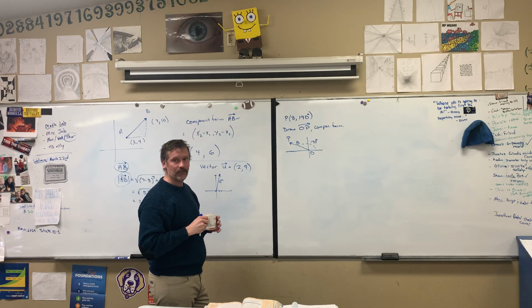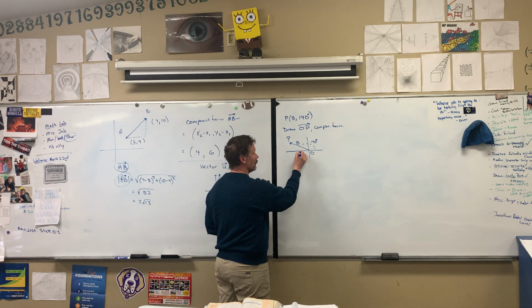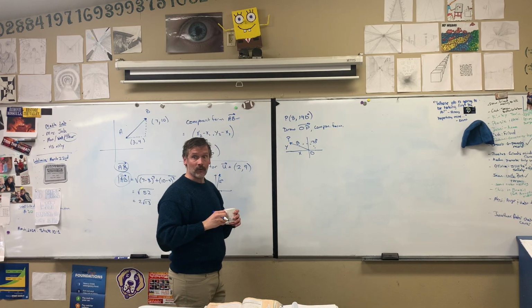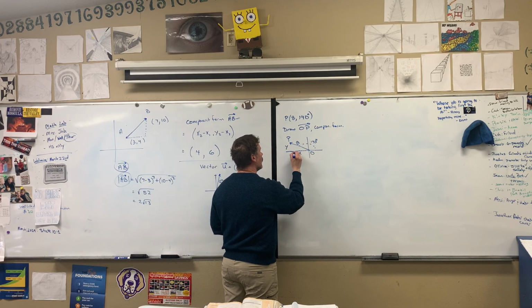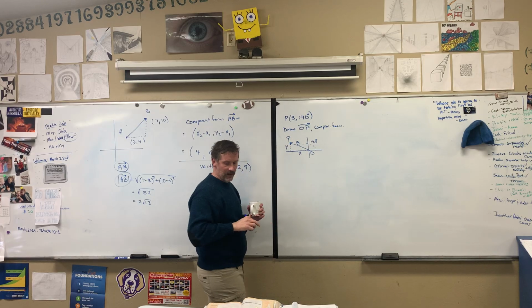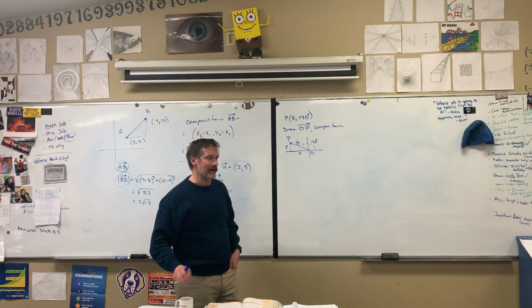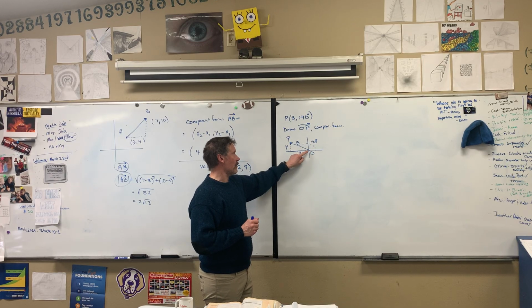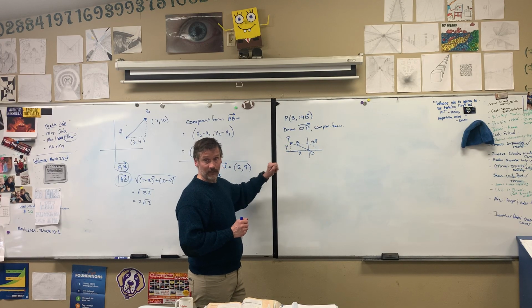Now they say, what's the component form? When you want component form, you're looking for your x and you're looking for your y. Now in component form here, if you think about this, you would say I'm going a negative x and then up a positive y. So even though you think about it as a distance traveled, if you're going this direction, it will be a negative x and then a positive y, because we're in which quadrant?